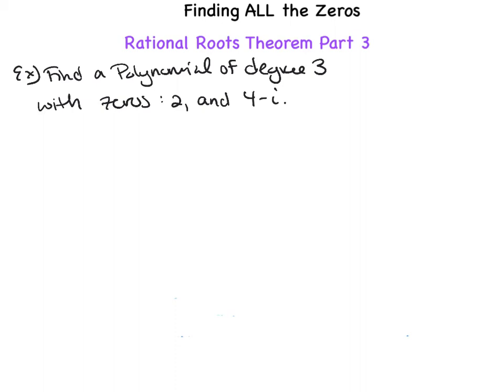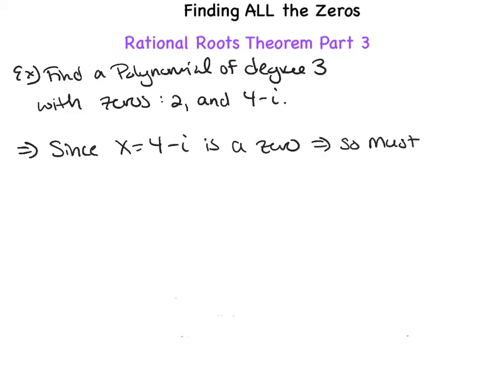Okay, first part. Since x equals 4 minus i is a zero or a root, so must x equals 4 plus i, or its conjugate, be a root.